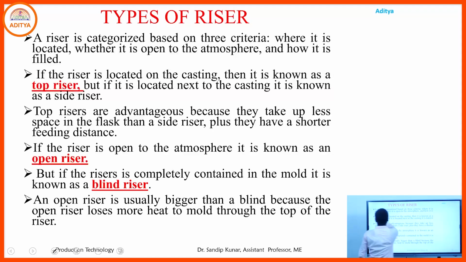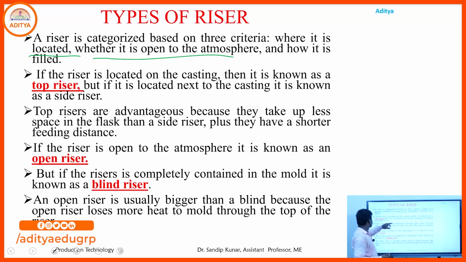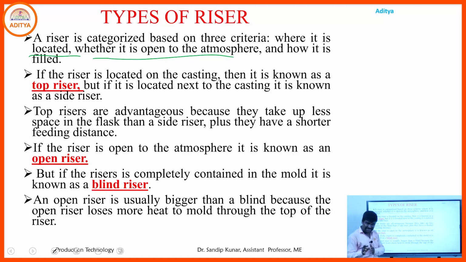First is the top riser. In the case of a top riser, it is located on top of the casting. Sometimes we also provide a side riser, at the side of the casting.